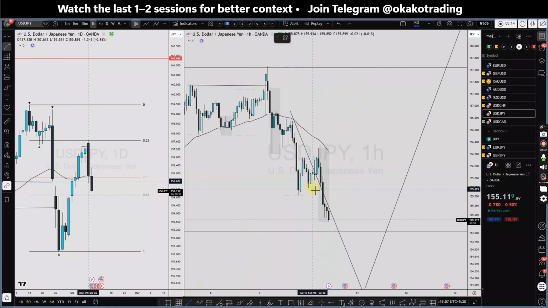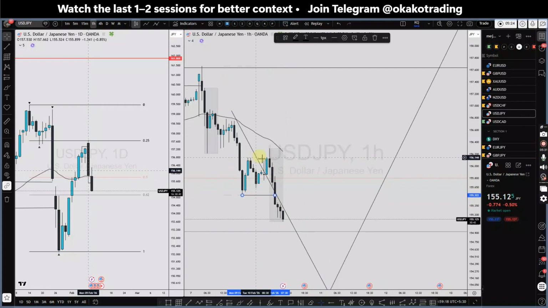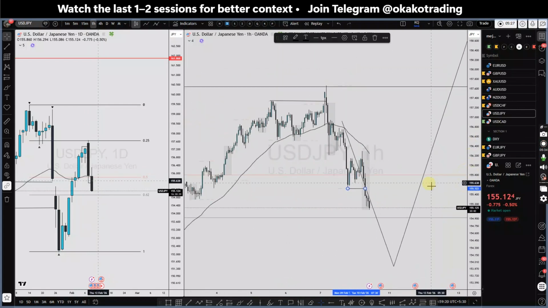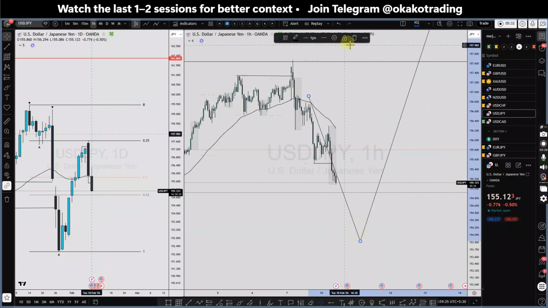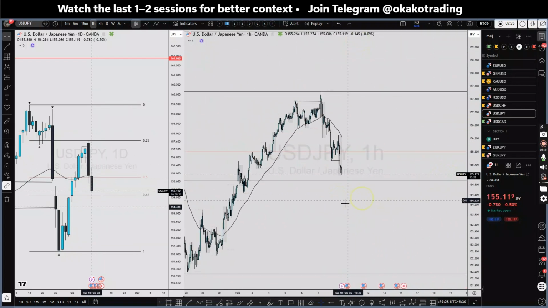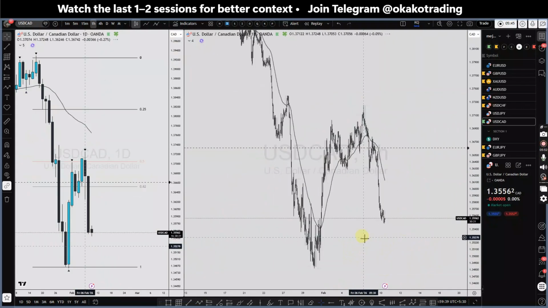This is the last breakout structure towards downside, but we can't consider this as a sweep of liquidity because this low actually failed to create a new lower low. So I'm just gonna keep this in my watch list and wait for a setup to unfold. This is definitely not what I'm looking for right now. I'm waiting for a correction, a setup, then I can start looking for shorts in USD JPY.